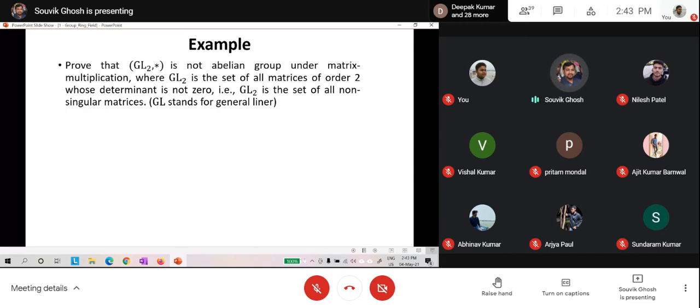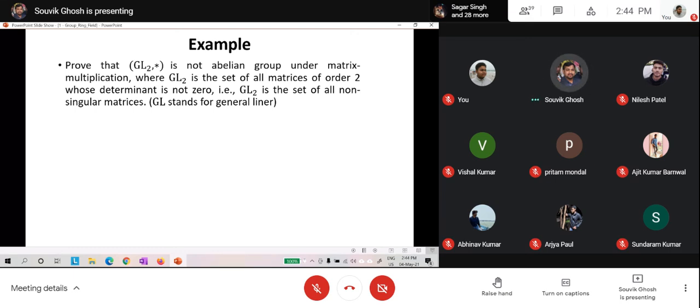That means we exclude the singular matrices, because in the earlier example we saw that those whose determinant is 0 were creating the problem for the M2 star algebraic structure to be a group. So we remove those whose determinant is 0, and now we have GL2 star, which is a group.